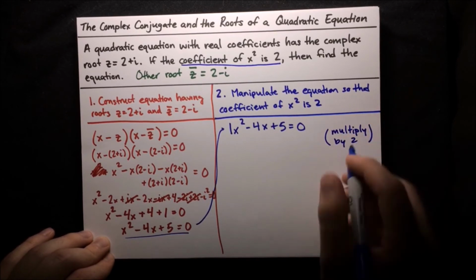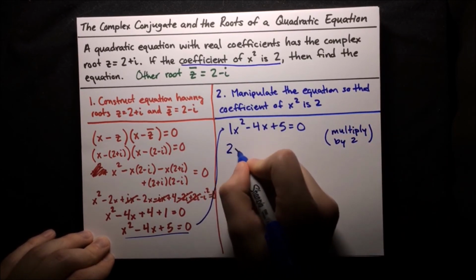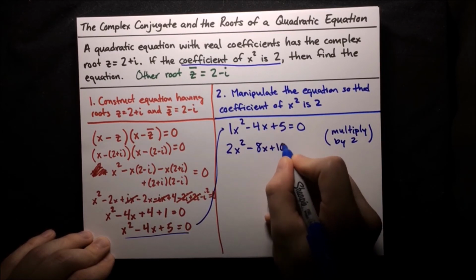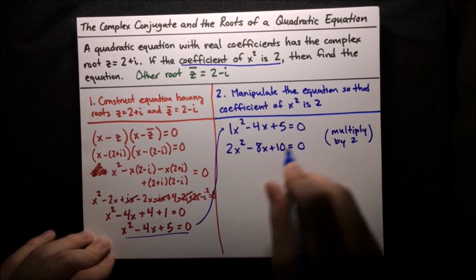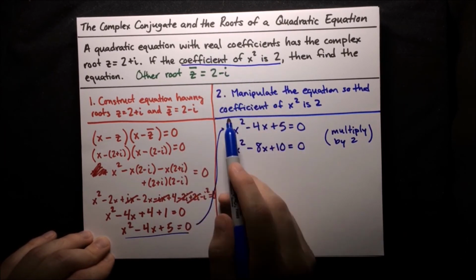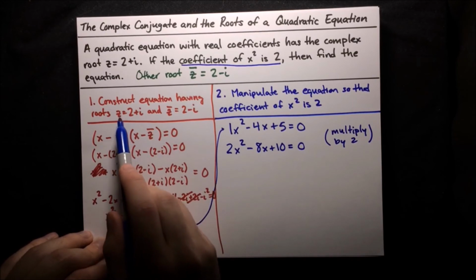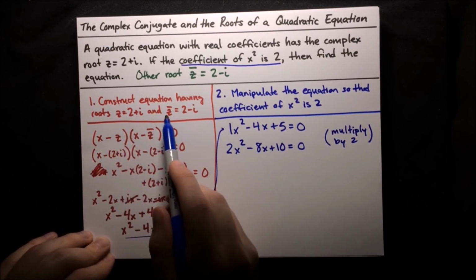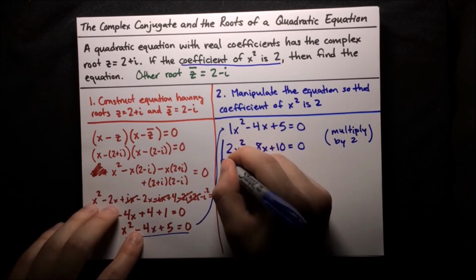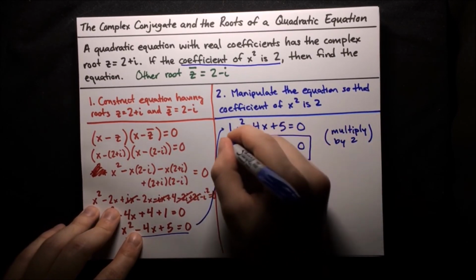The result of doing that, we get 2x squared minus 8x plus 10 equals 0. And there we have it, a quadratic equation with real coefficients that has the roots z equals 2 plus i and z bar equals 2 minus i, and the coefficient of x squared is 2. There it is. That is our equation.